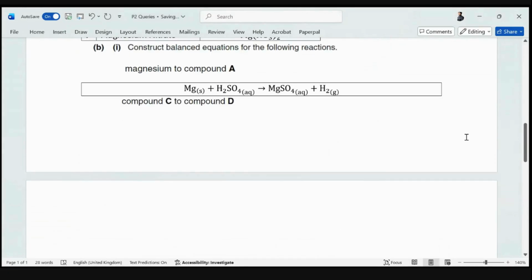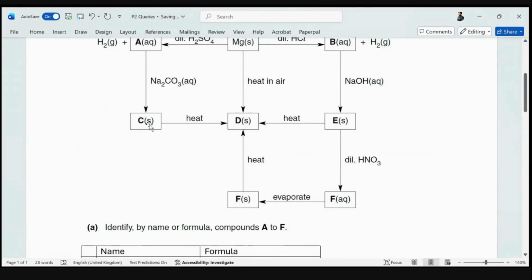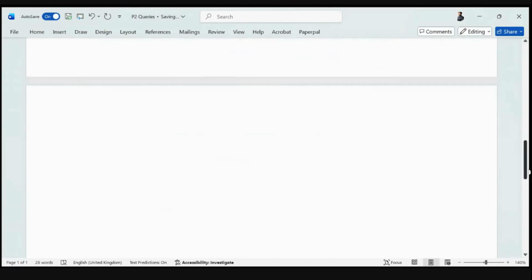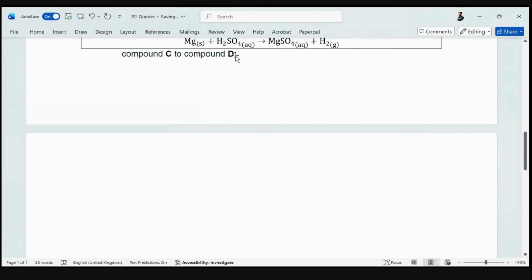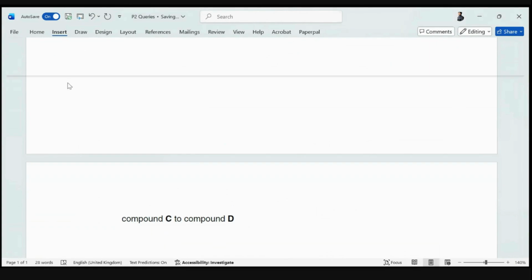Okay, then compound C to compound D. C was magnesium carbonate to magnesium oxide. The thermal decomposition of carbonates. What do we get?